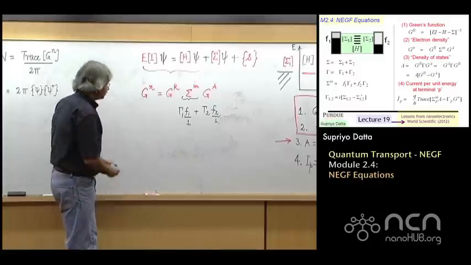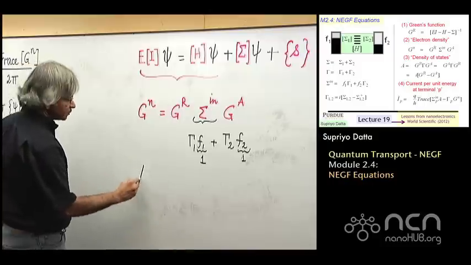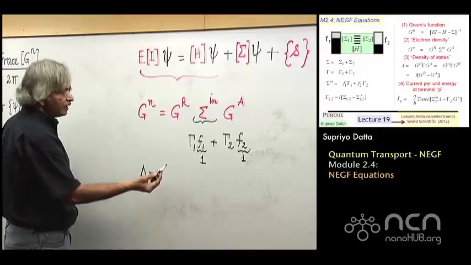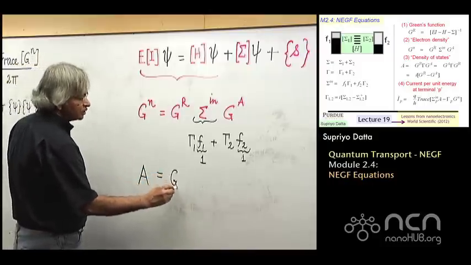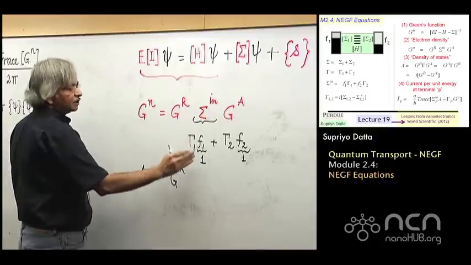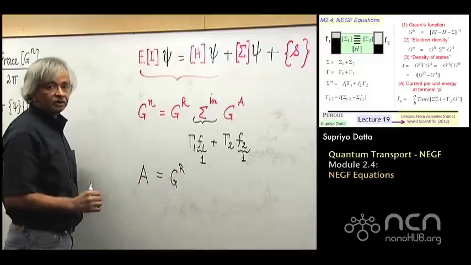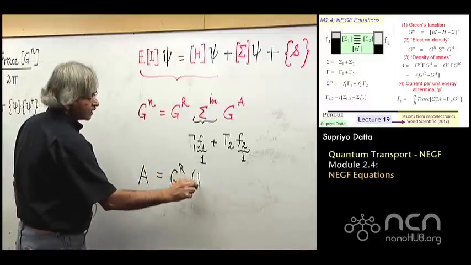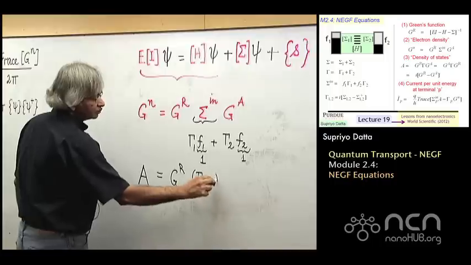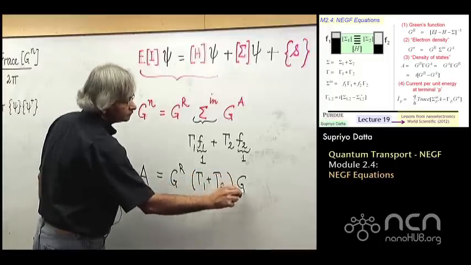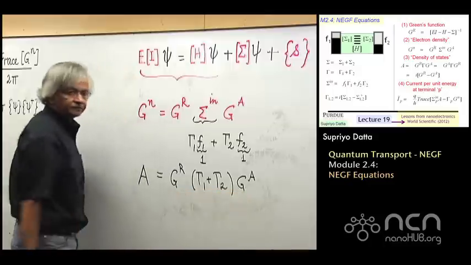So that's the quantity we'll call A. Actually the technical name is spectral function. And that should be equal to Gr times sigma n under the condition that F1 and F2 are both equal to 1. And so you get Gr times gamma 1 plus gamma 2 times Ga. That's it.